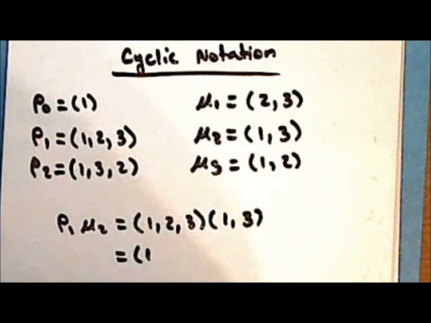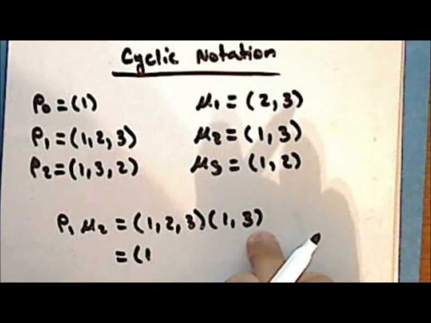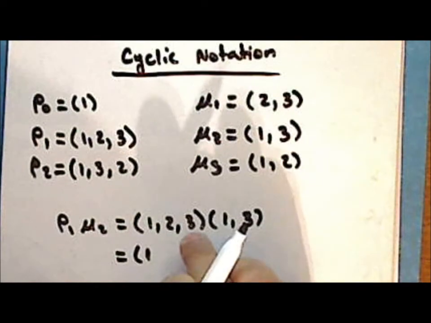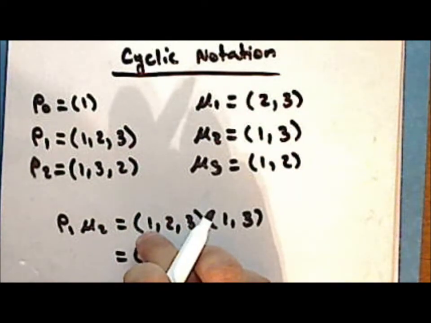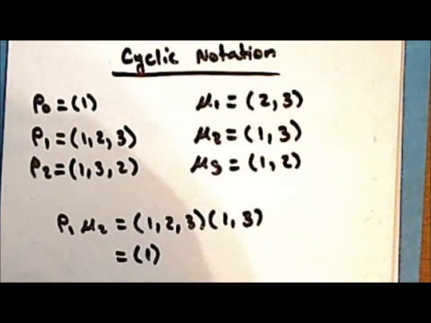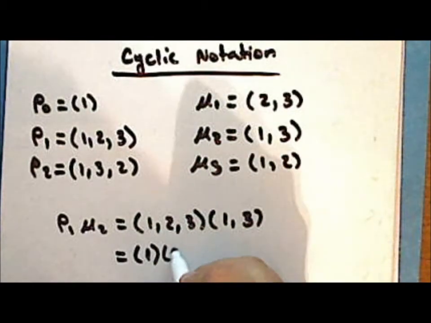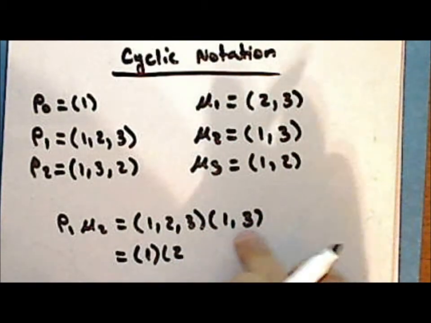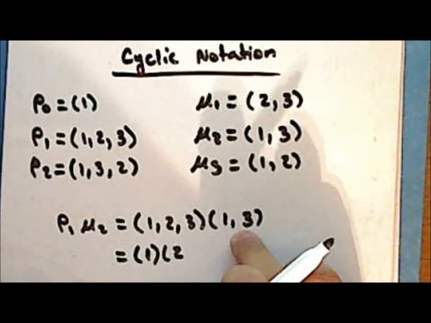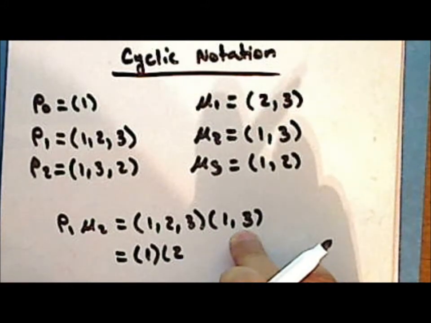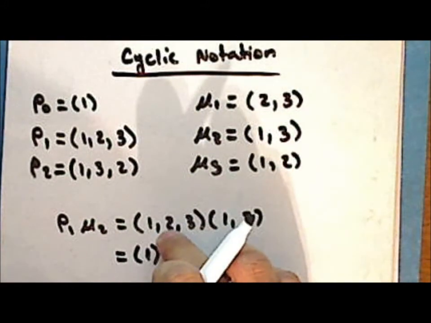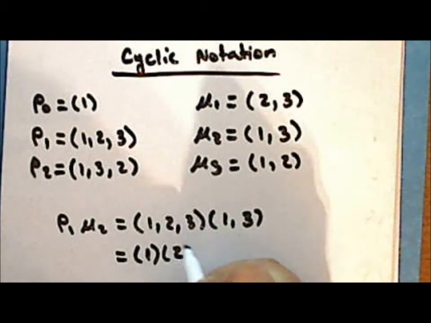So if we start with the element 1, 1 is mapped onto 3 in the first map, and then is in turn mapped back onto itself, and so 1 is cycled out. So now we start with 2. In the first map, 2 is fixed, so 2 is mapped onto itself, and then 2 is mapped onto 3.